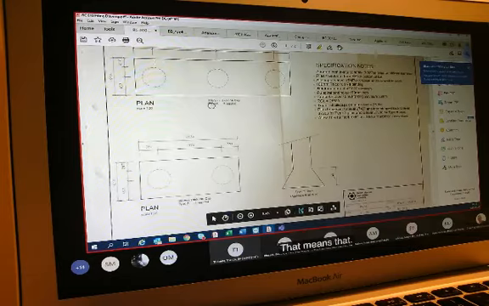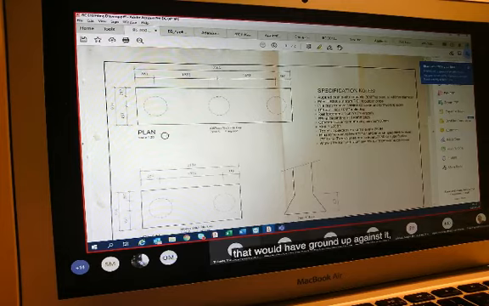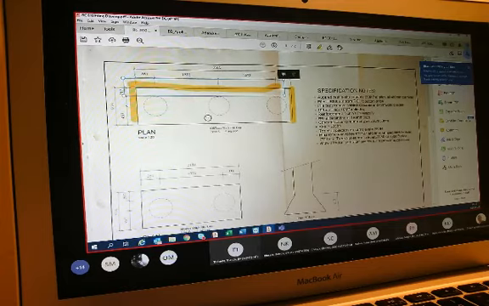What does that mean? It means the following. When we're looking at this from the top, that would have ground up against it.